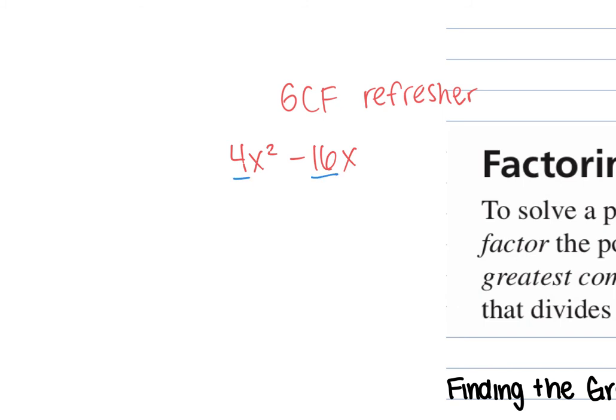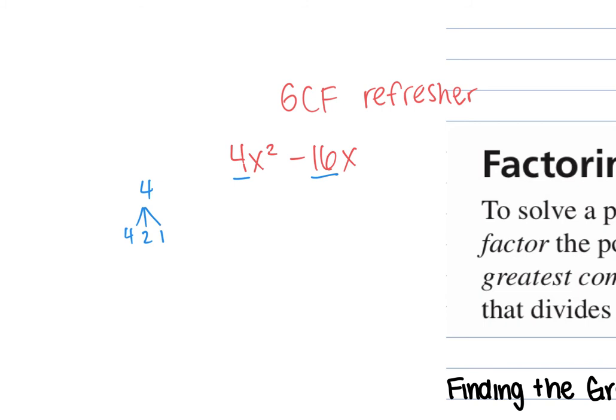Think about all the factors of both of the numbers. 4 has factors of what? 4, 2, and 1. Factors are numbers that multiply together to give you that number. So 2 times 2 gives me 4, and 4 times 1 gives me 4.